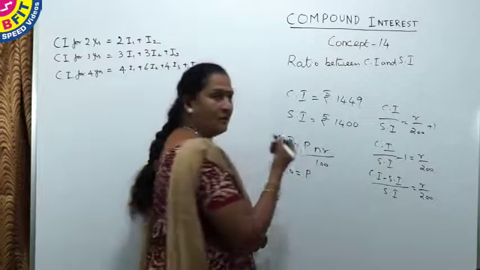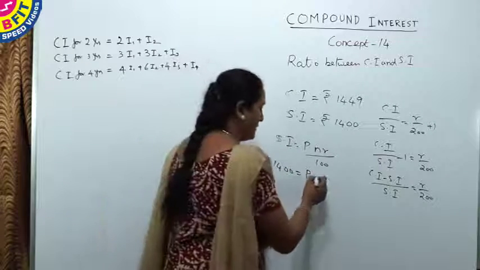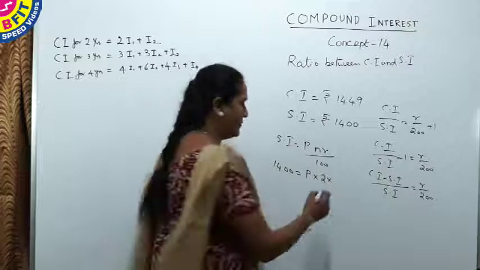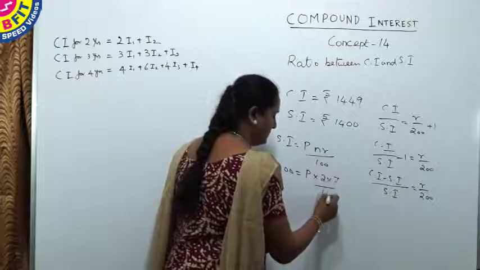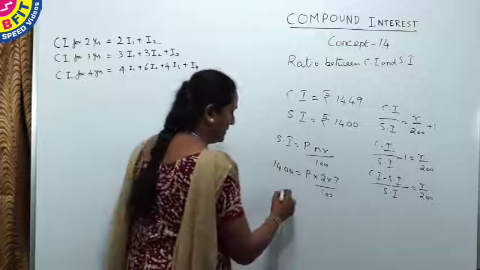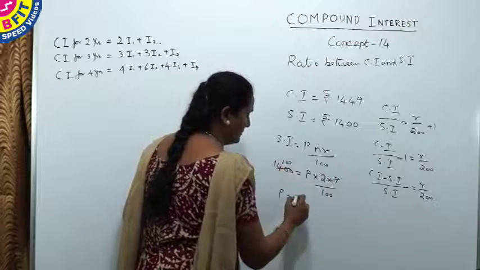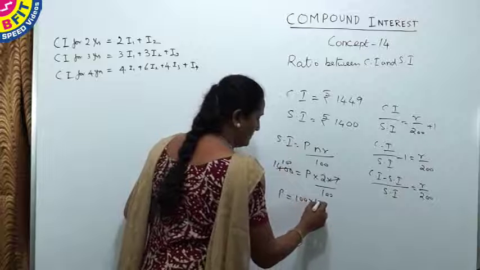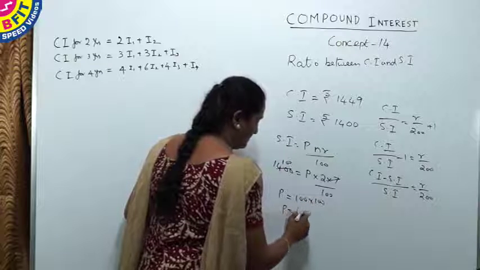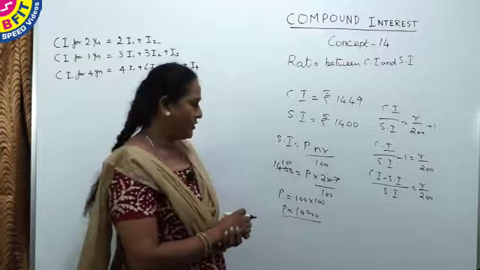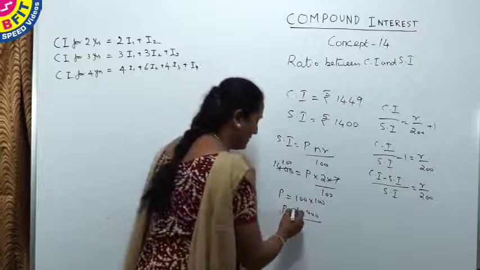And principal you have to find. And what is N? 2 years. And rate we have 7%. So now substituting here, we can cancel this 100. The sum of money deposited is rupees 10,000.